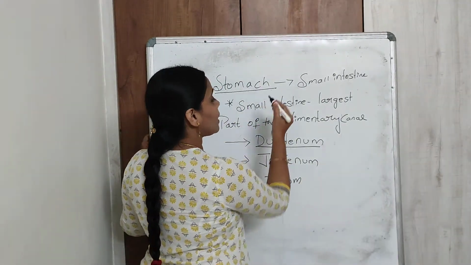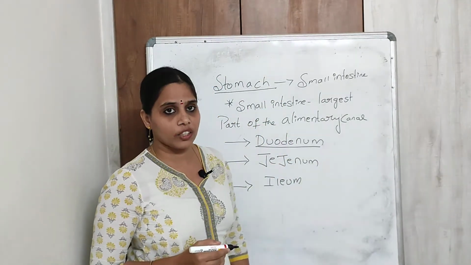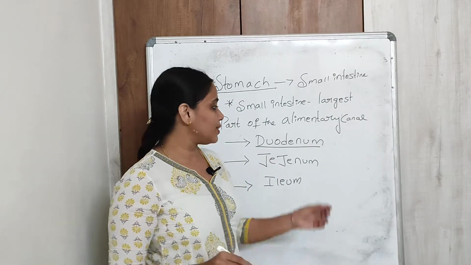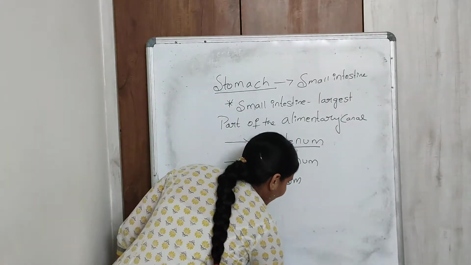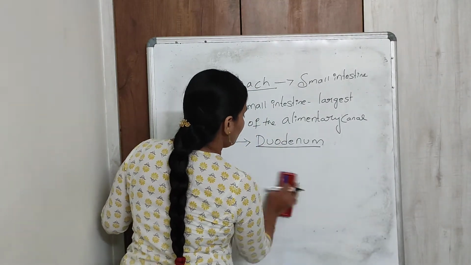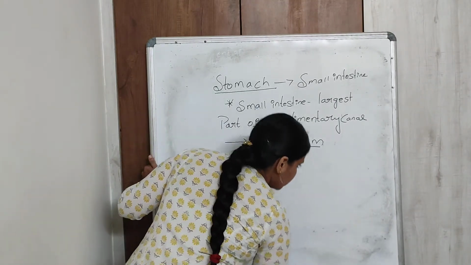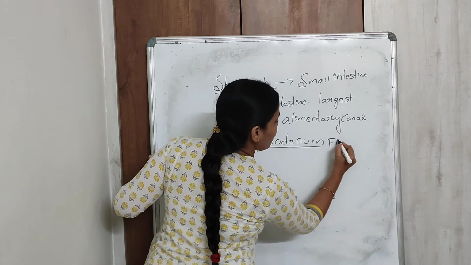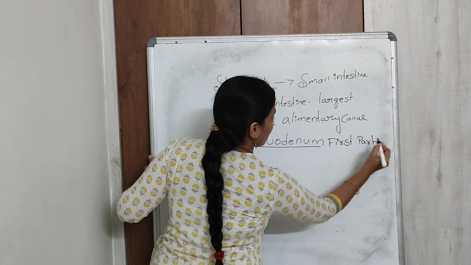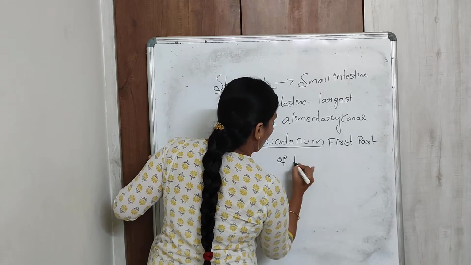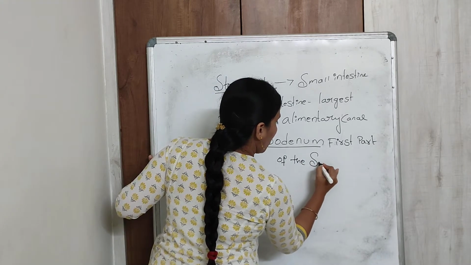The last part of the stomach is the pyloric region, which enters into the duodenum. Let's discuss what happens inside the duodenum.